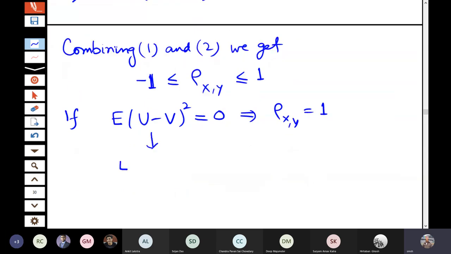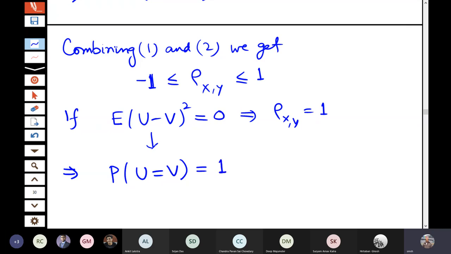See, a non-negative quantity, summed or integrated over a region, gives you 0. It means that the value itself should be completely 0. So this means that probability that u is equal to v is 1.